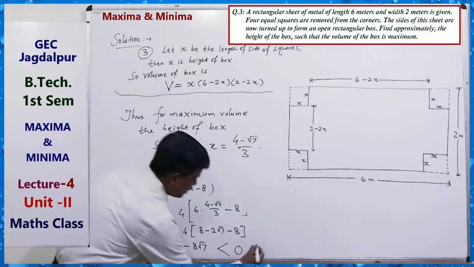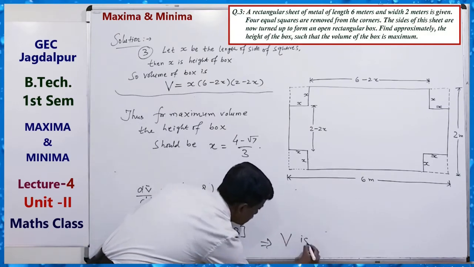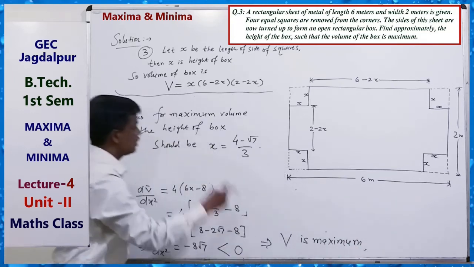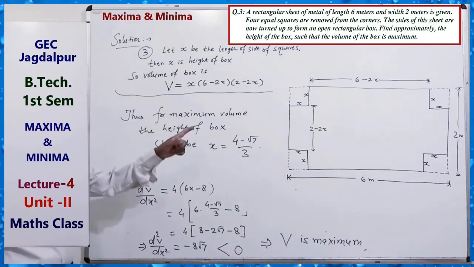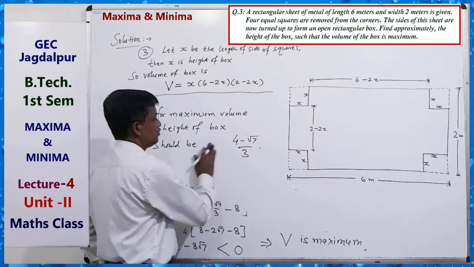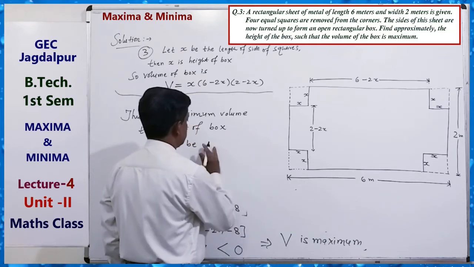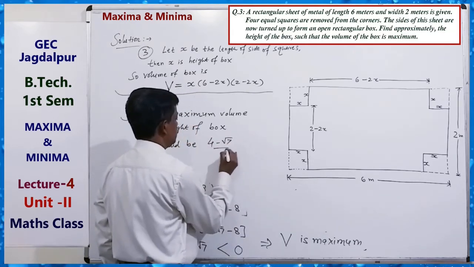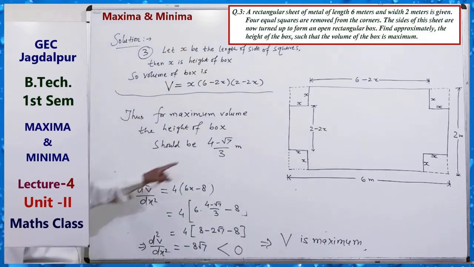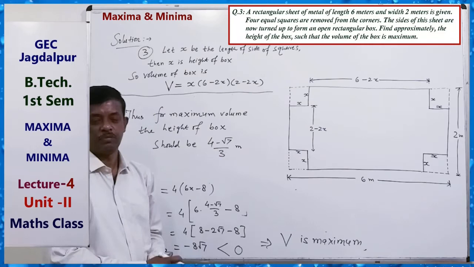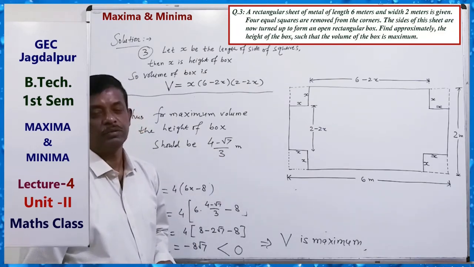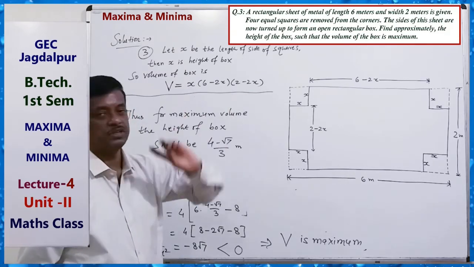Okay. This implies V is maximum. After this line, just write this: thus, for maximum volume, the height of the box should be x equals 4 minus root 7 by 3 meters. Okay. So this is the height of the box for maximum volume of this box.